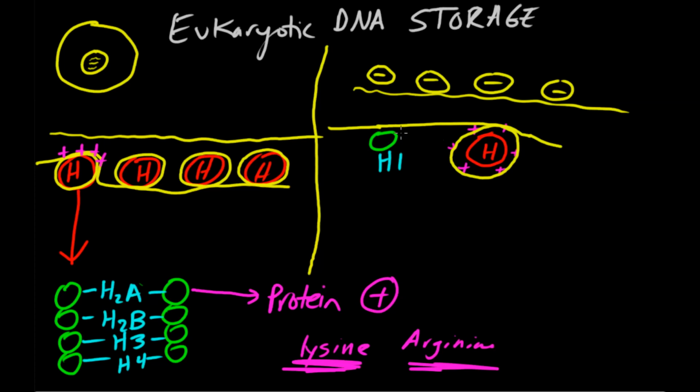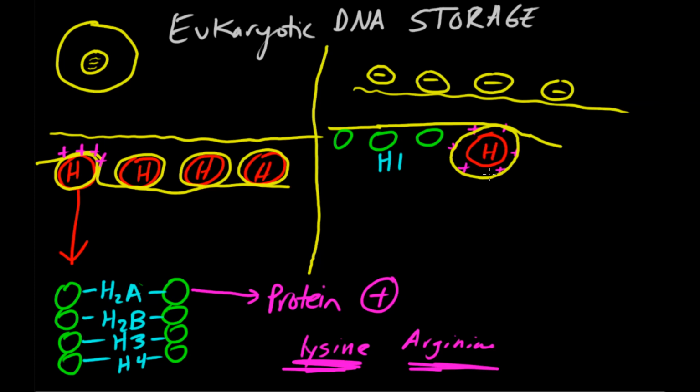And these protein structures, these H1 structures, are going to be on the DNA themselves. DNA is not going to wrap around them. These are the beads on a string. So that's where the term beads on a string comes in. We're going to have this string, which is our DNA. We're going to have these beads located on it, which are the H1 subunits. And then eventually we're going to find a histone subunit.